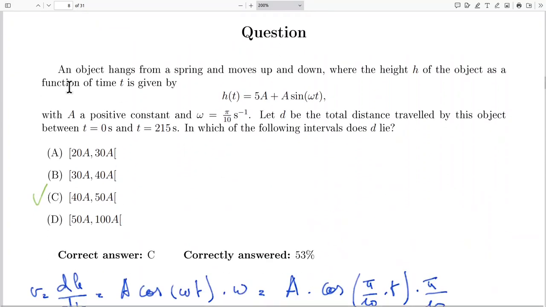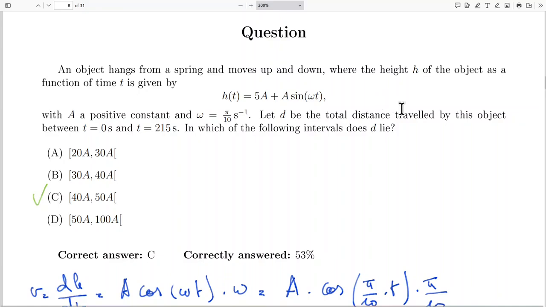Alright, so the question is: an object hangs from a spring and moves up and down. The height h of the object as a function of time t is given by h(t) = 5a + a sin(ωt), with a a positive constant and ω = π/10 s⁻¹.